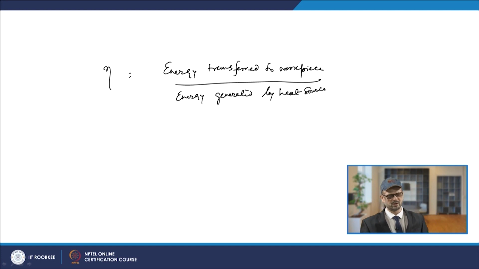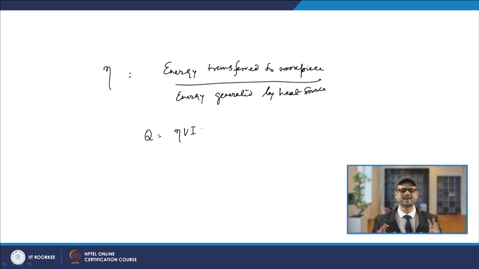If you talk about some processes like electroslag welding or electron beam welding, in those cases your Q will be eta V i.